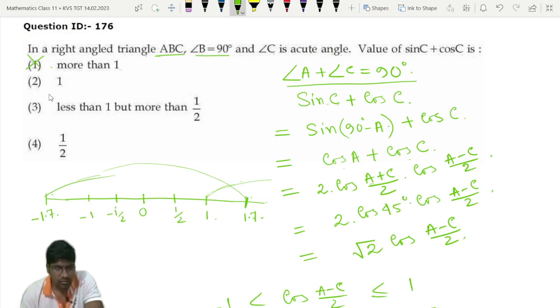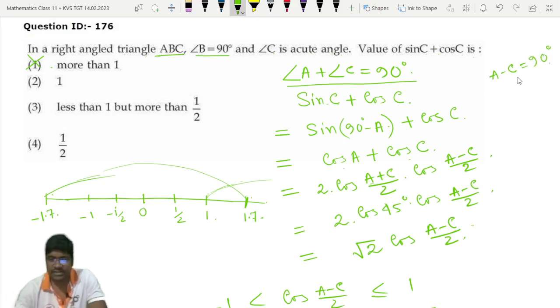Now option 2 is telling 1. Now when will it be 1? If (A minus C) by 2 is equal to 45 degree, that means A minus C is equal to 90 degree.